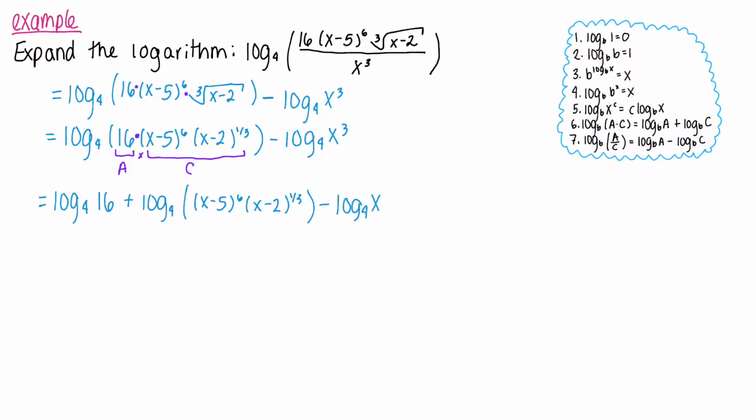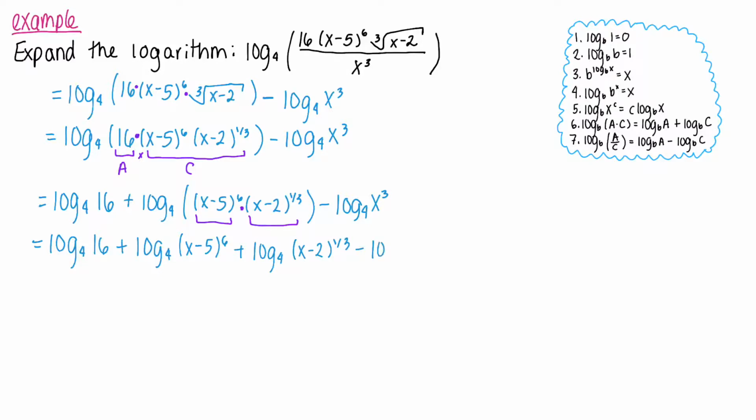Let's write that a little nicer. X cubed. Now we have these 2 things being multiplied, so we'll split those up. So log base 4 of 16 plus log base 4 of x minus 5 to the 6th plus log base 4 of x minus 2 to the 1/3 power minus log base 4 of x cubed.